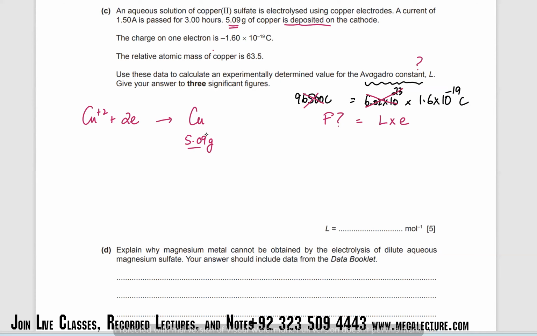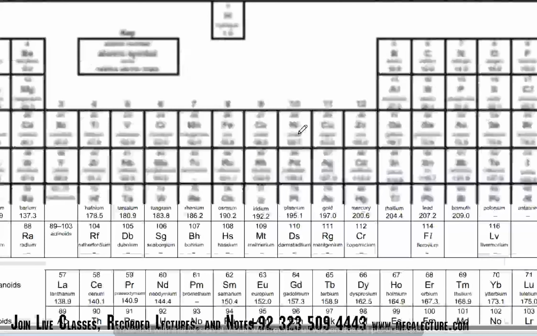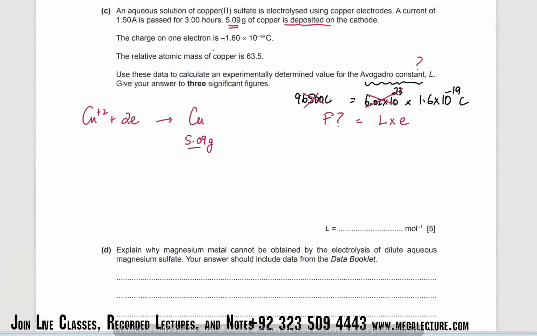Copper, I think, क्या होता है? 63.5, I guess. ठीक है. So इसके moles निकालो.